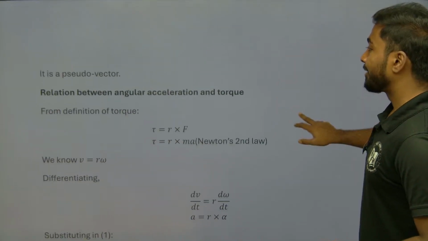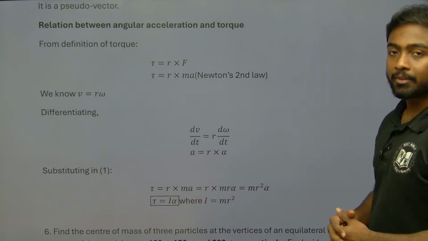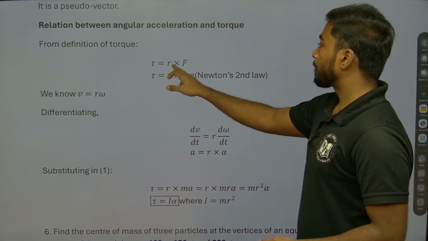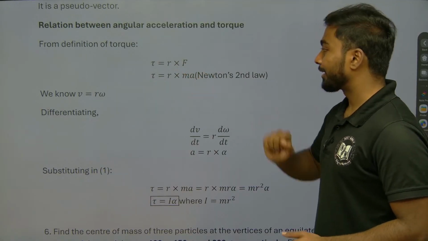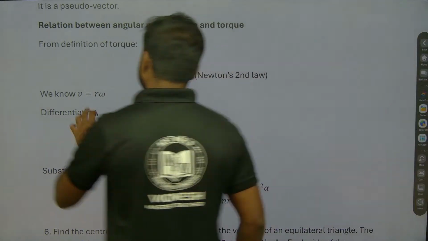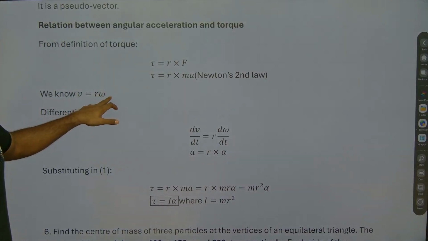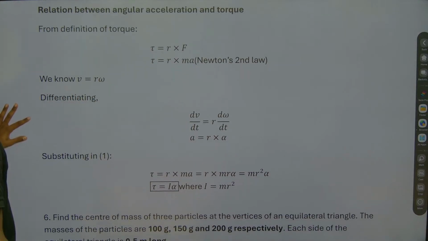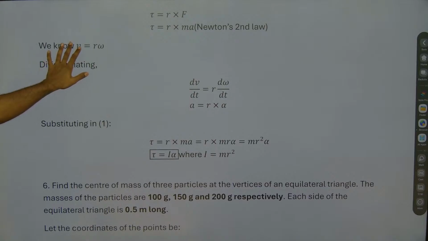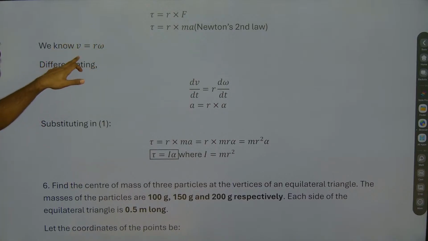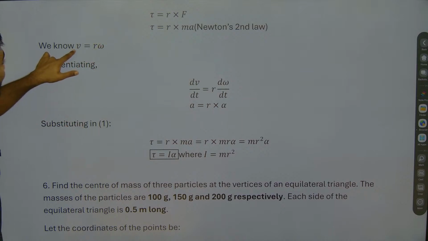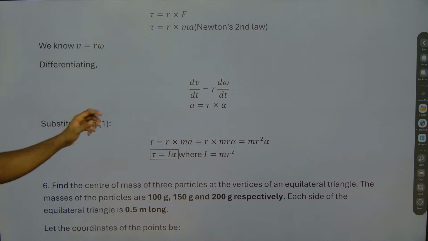Okay. And when I talk about the relation, we know that torque is equal to r cross F. F can be written in terms of mass into acceleration, and we know that velocity is nothing but r omega. So differentiating v equals r omega with respect to t, dv by dt and d omega by dt. This is my acceleration, this is my angular acceleration.